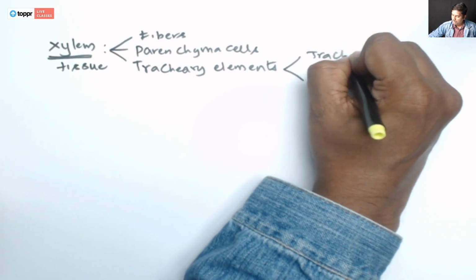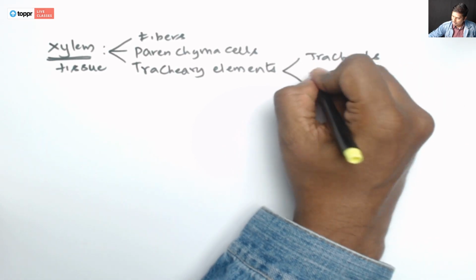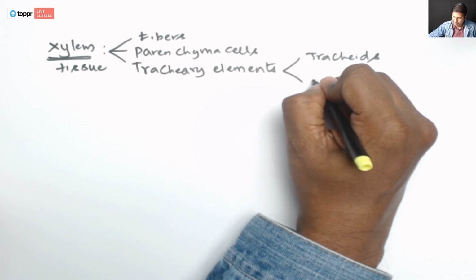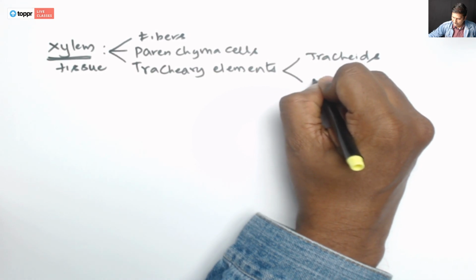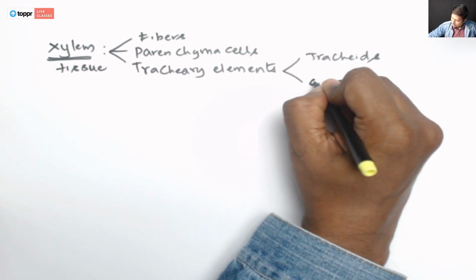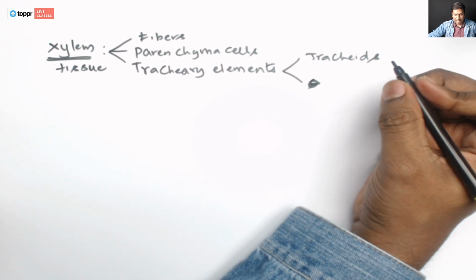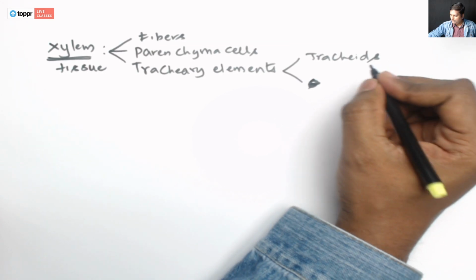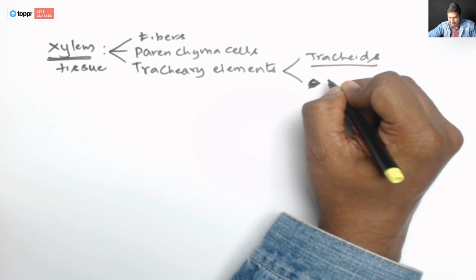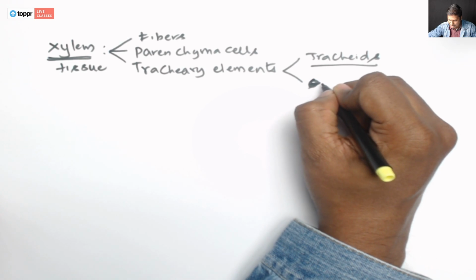One is the tracheids, and the other one is your vessel elements.